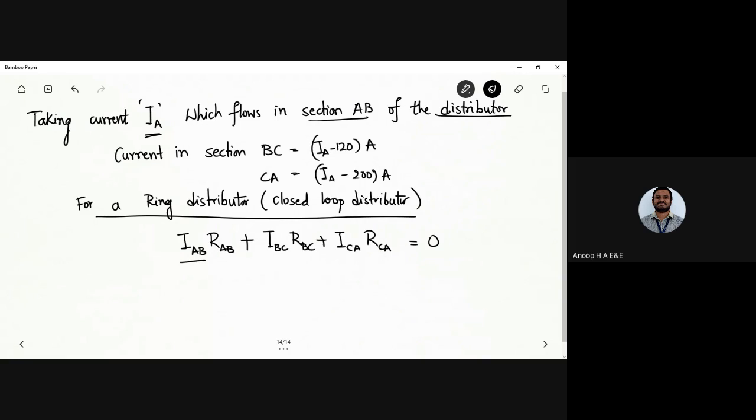I have the current in section AB, that is IA, and the resistance of the section, that is 0.09, plus the current IBC, that is IA minus 120 amperes, into RBC, that is 0.03 plus 0.06, plus the current in section CA, that is IA minus 200 amperes, into its resistance, which would be equal to 0. So what is the value of current IA? Find out the value of current IA.